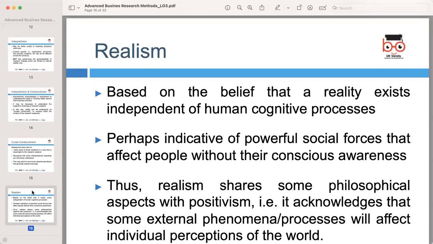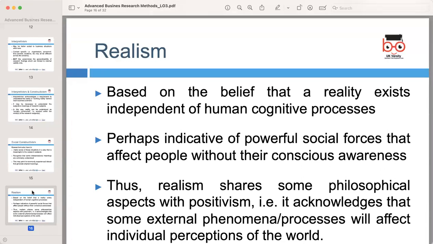So realism also recognizes that there are powerful social forces at play that can affect people without them even realizing it. These forces can shape our thoughts, our beliefs, and actions without our conscious awareness. In some ways, realism is similar to positivism, which is another philosophical perspective.